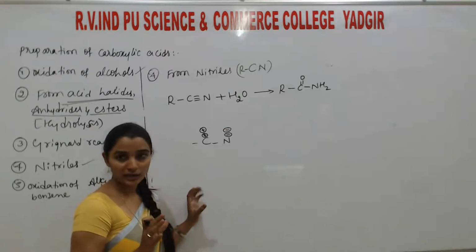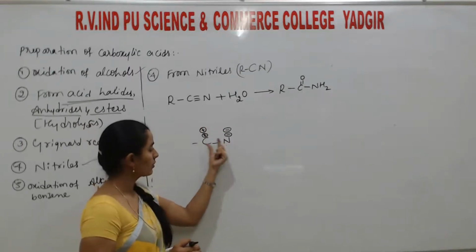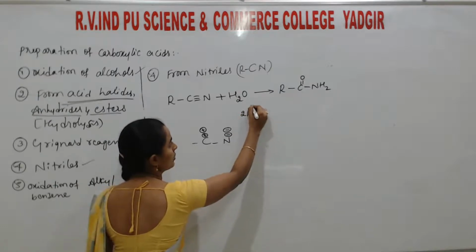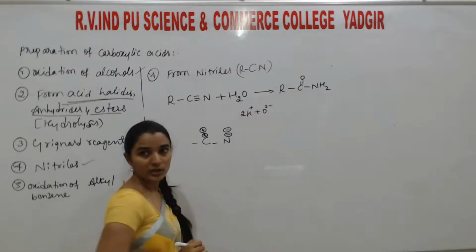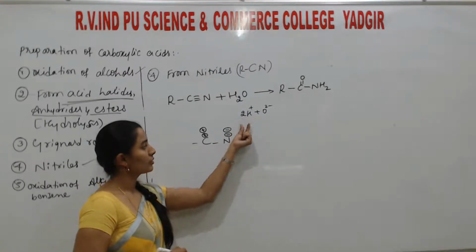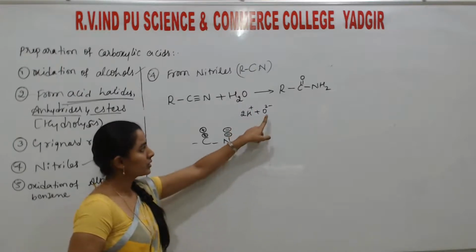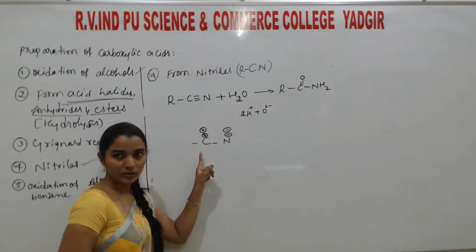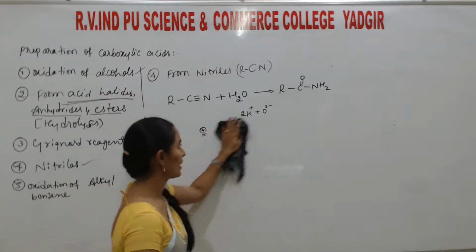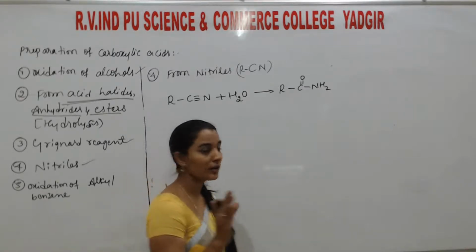So here two positive charges will form, here two negative charges. H2O is dissociated into OH plus O2 minus, so that's why oxygen is attached here and hydrogens are attached here, because they have plus charge, minus charge. Just a simple thing to understand. Of course, the mechanism cannot be like this. Just for your convenience, understanding, I am telling.